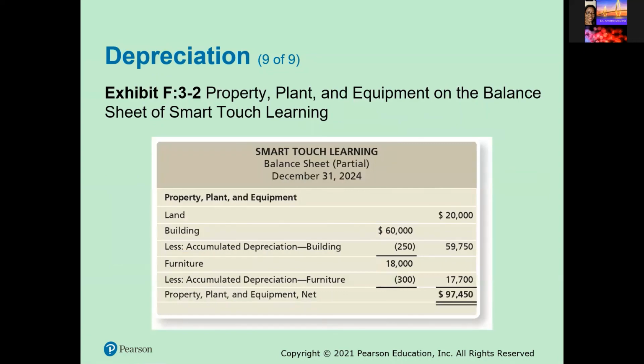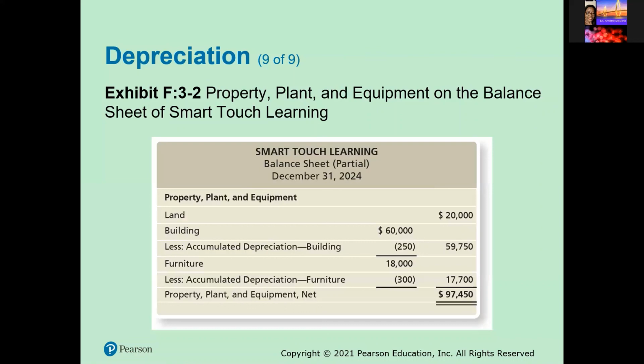Now, had Smart Touch Learning not recorded the adjusting entries for depreciation on the furniture and building, plant assets would have been overstated and expenses would have been understated. However, after recording the adjusting entries, plant assets are reported at the correct net amount, as you see here on December 31st, the partial balance sheet. The cost principle requires the plant asset account to maintain the cost value in the asset account.